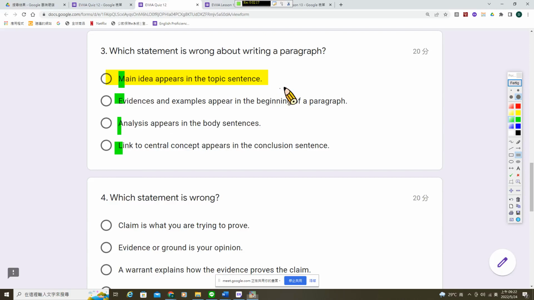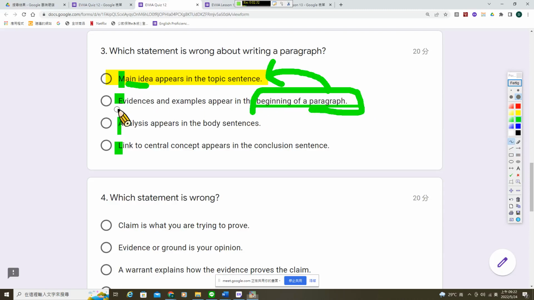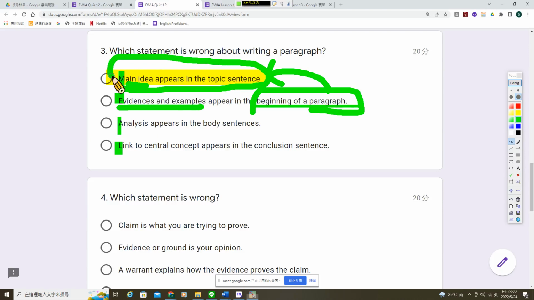It is true. And evidences and examples appear in the beginning of the paragraph? No, this should be the topic sentence, right? So the main idea should be in the beginning of the paragraph. So where are the evidences and examples? Well, once you have the claim, the main idea, then you need to follow up with the evidences and examples.